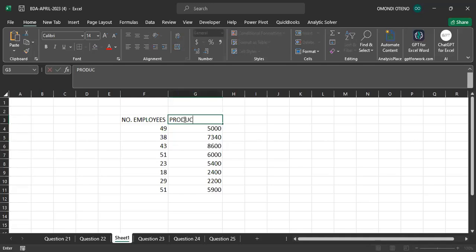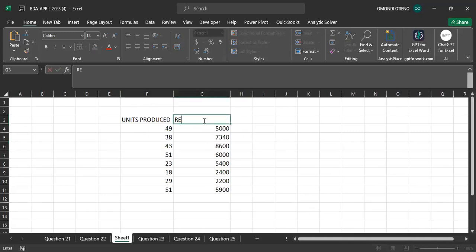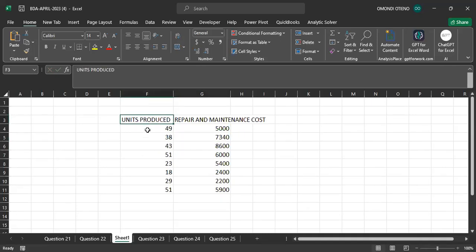Production cost will be depending on the units produced. Repair and maintenance cost will be depending on hours taken to do this particular repair, or the frequency of doing this repair.